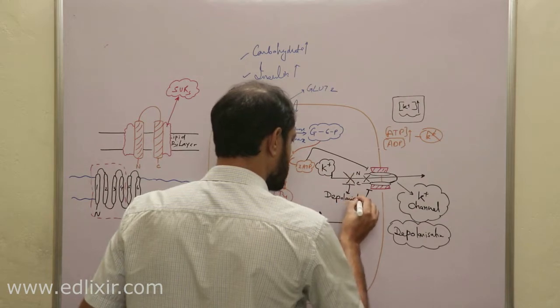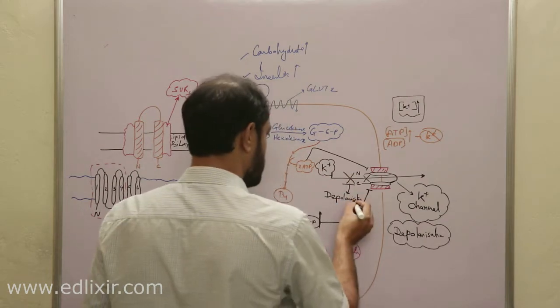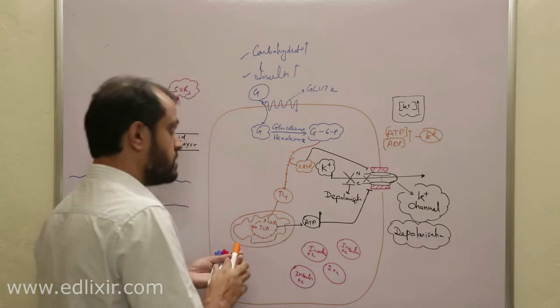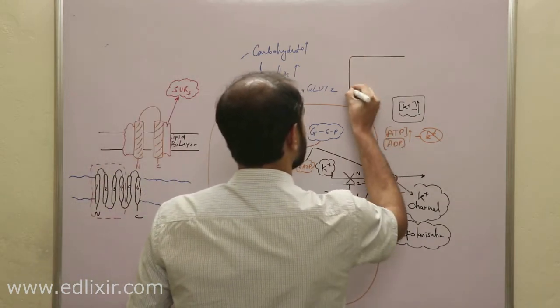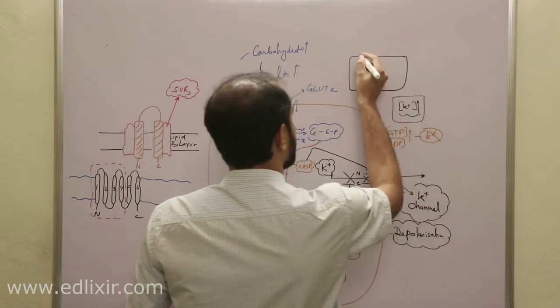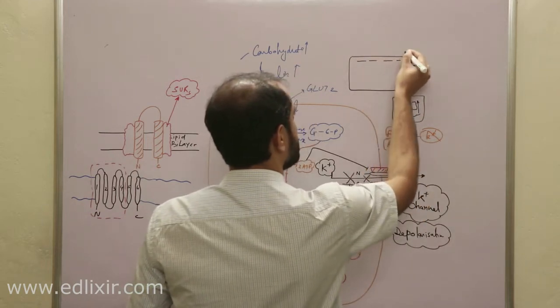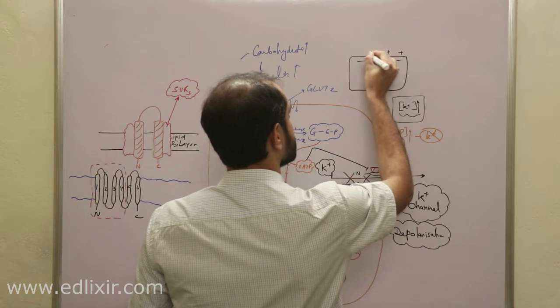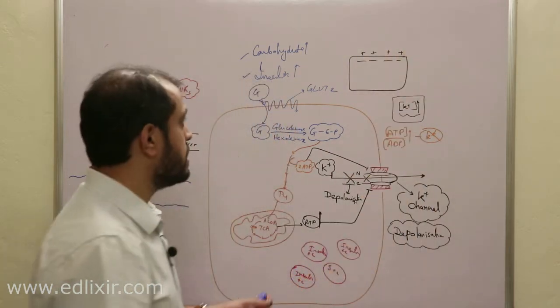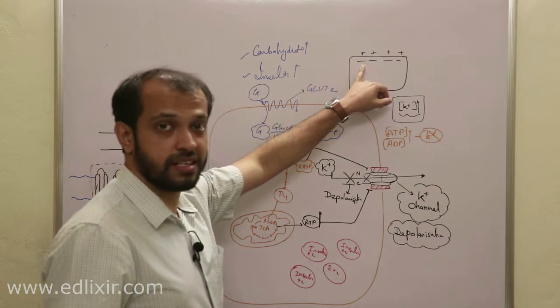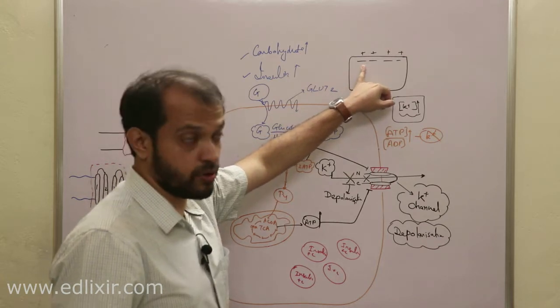Depolarization means what? Now listen, it's very important. I have told you already, but it's okay. Just for your recap, inside the cell there will be negative charge, outside will be positive charge. Why? Because there are more cations outside the cell, and the negative charges inside the cell are because of proteins.